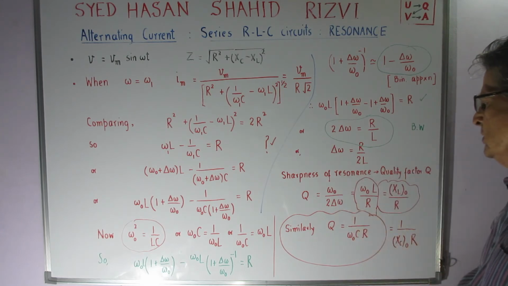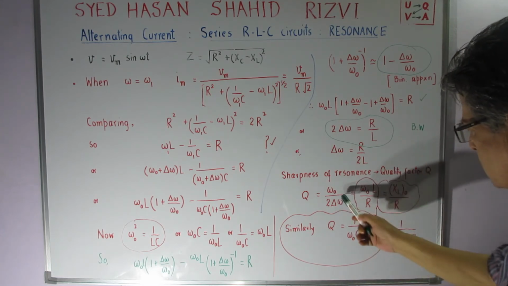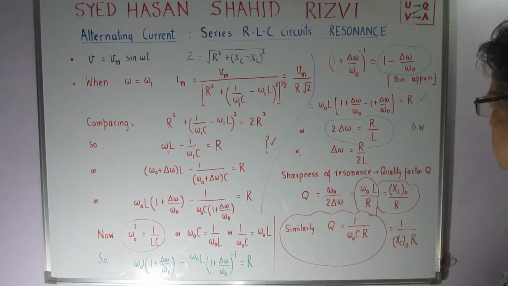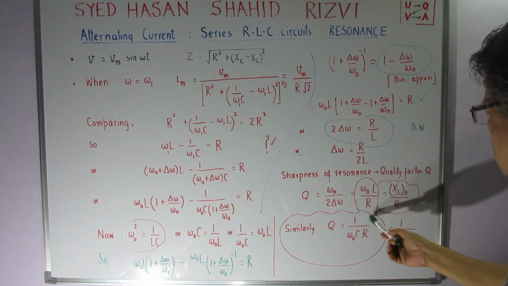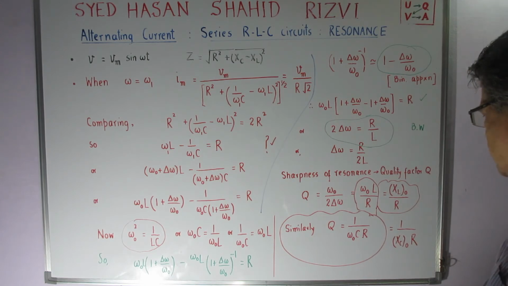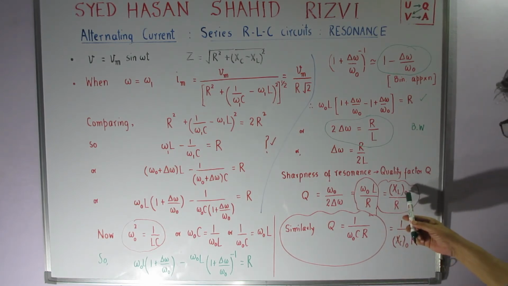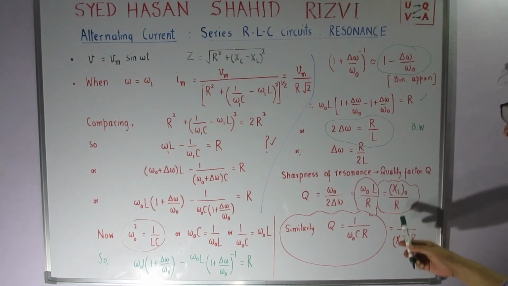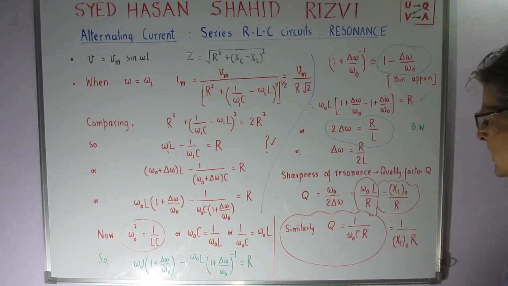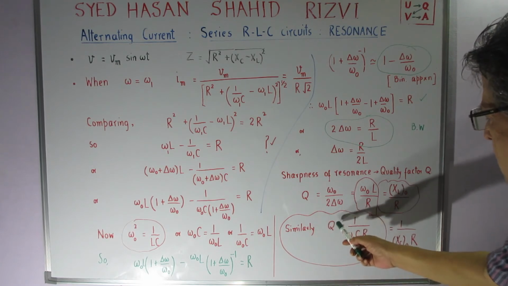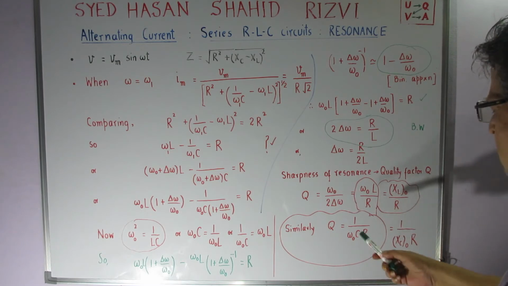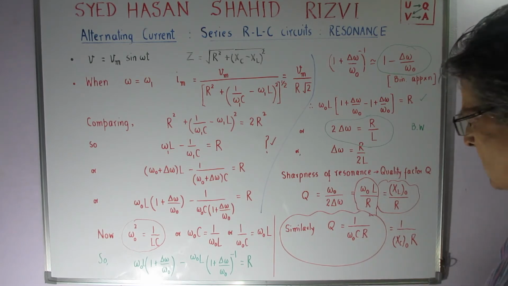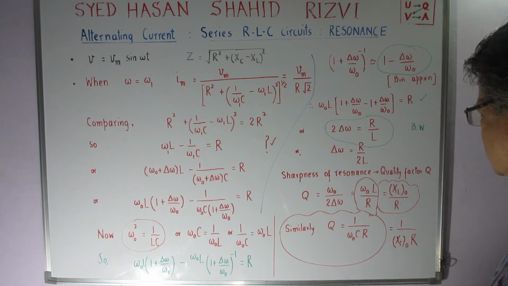So Q becomes equal to omega naught upon the bandwidth 2 delta omega. I can write this as omega naught, because delta omega is equal to R upon 2L. So we get omega naught L upon R, which is XL at the resonance frequency divided by R. Similarly, omega naught square is equal to 1 upon LC.